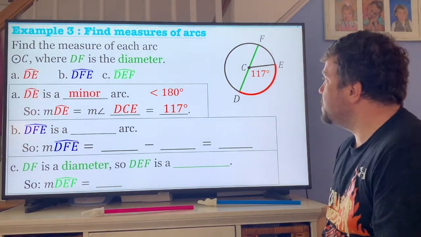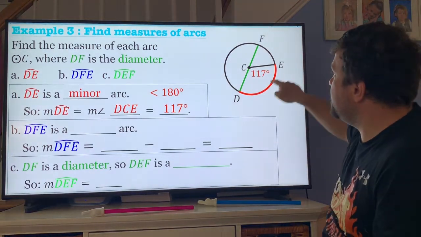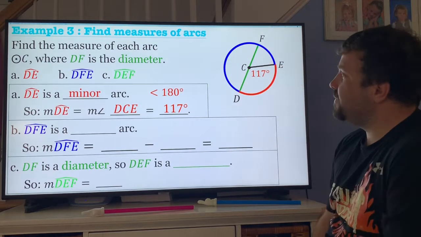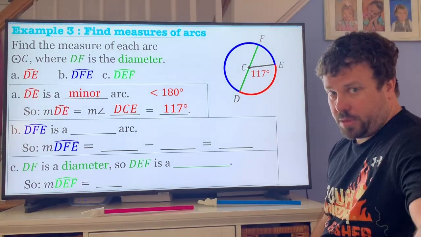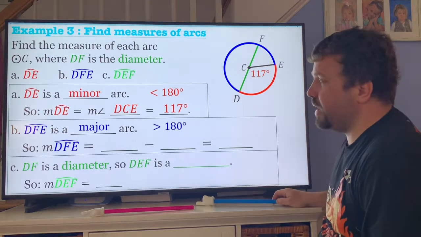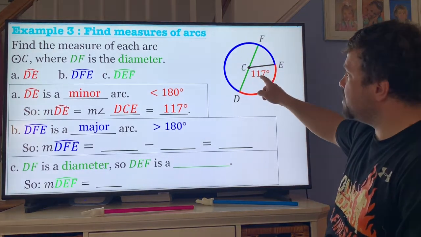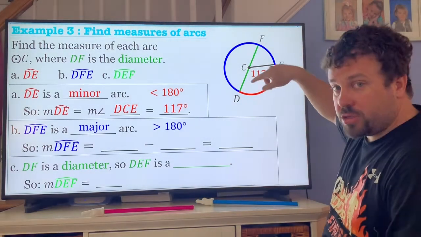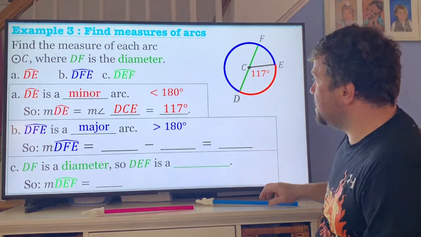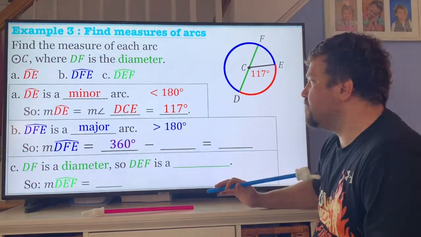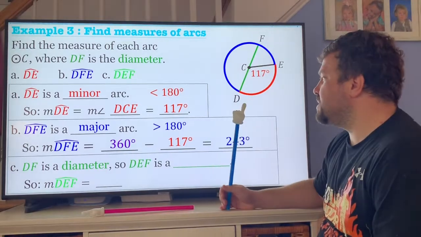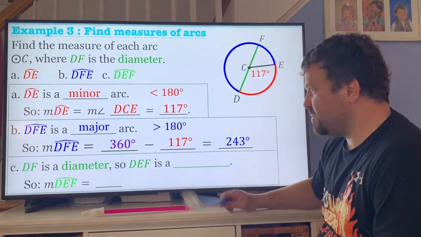Good. Next, what is DFE? So nope, you have to go this way. DFE is indeed a major arc because it's greater than 180. What is the measurement here? Well, since this is 117, and a whole circle is 360, 360 minus 117 equals indeed 243 degrees.